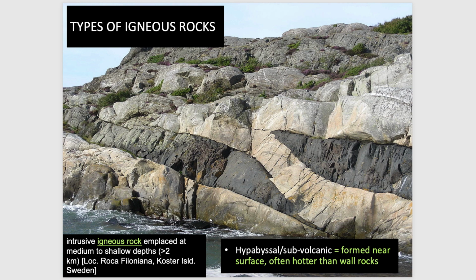This has happened at relatively shallow depths, because we don't really see any change at the contact, so we assume that this was already well crystallized and relatively cool compared to the surrounding rocks.